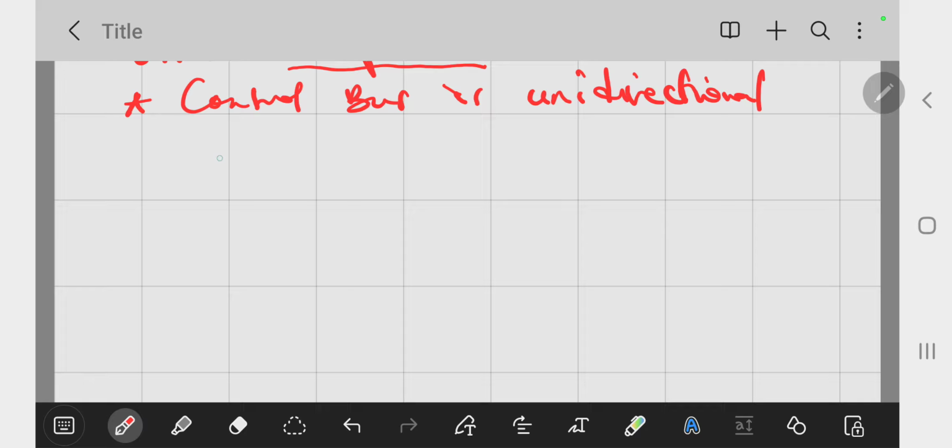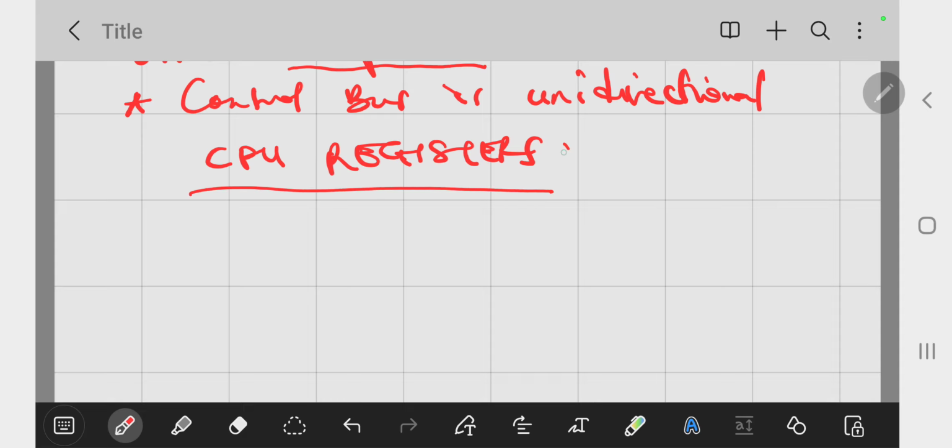Remember, this video is focused on CPU registers, because the rest of the video will be trying to understand what CPU registers are. CPU registers are one of the components which you find inside the CPU.